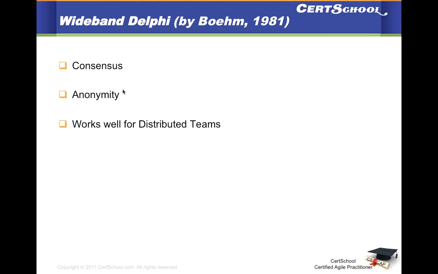This works well for teams where members don't like to get influenced by others' estimates, and it works pretty well because the influence level on the other person's estimate goes down. Works very well for distributed teams.